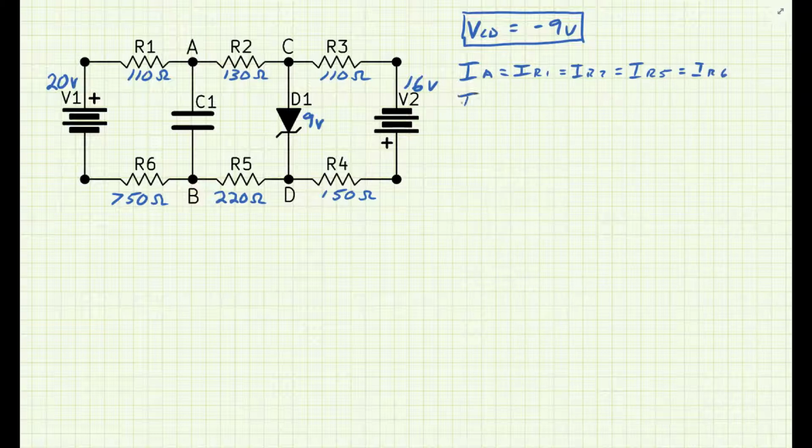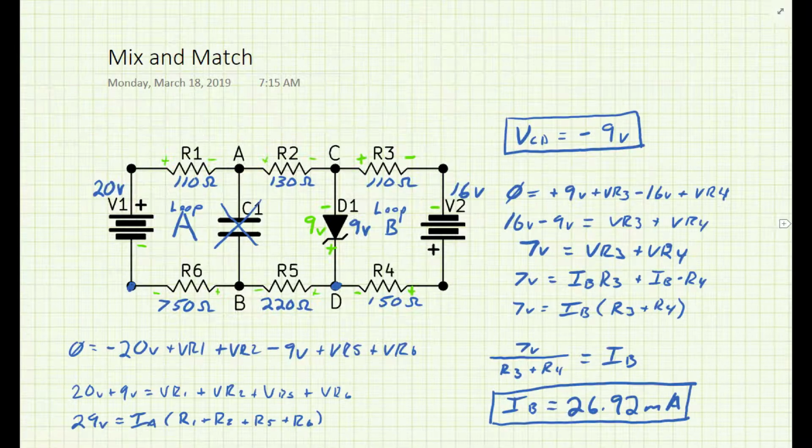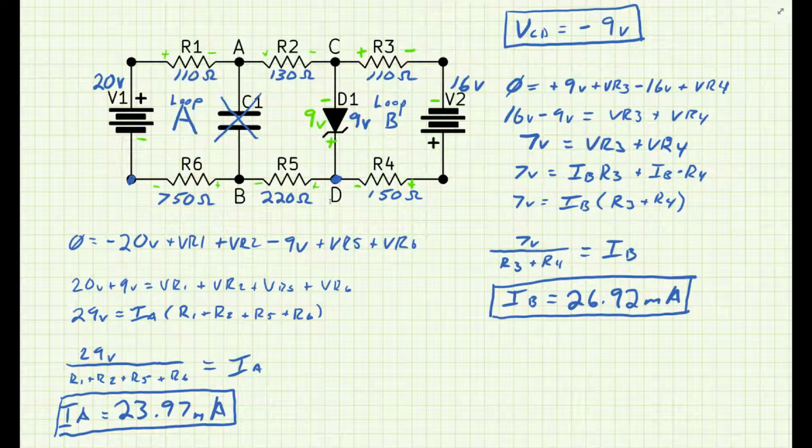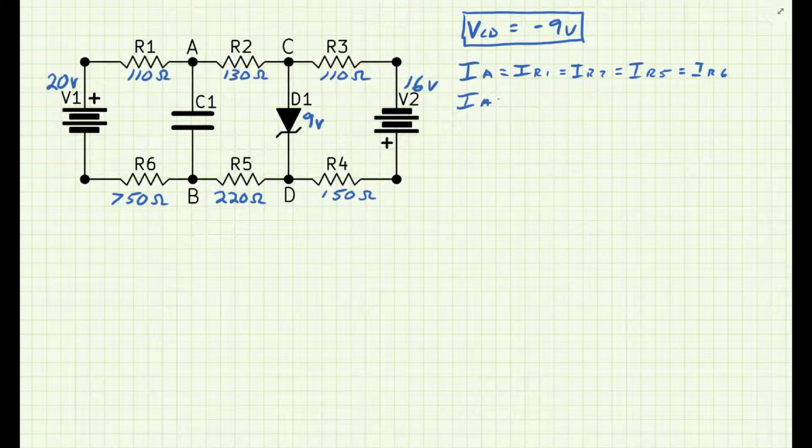Okay, so that IA current was found to be, let's look at it real quick. IA is 23.97 milliamps.